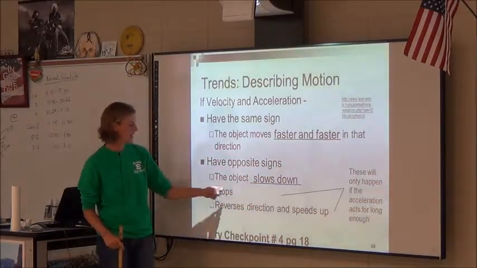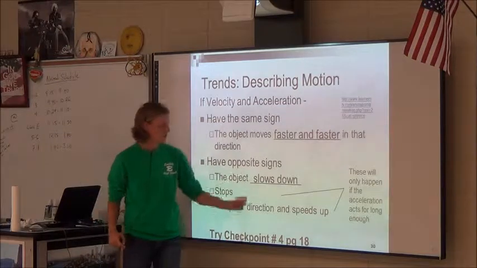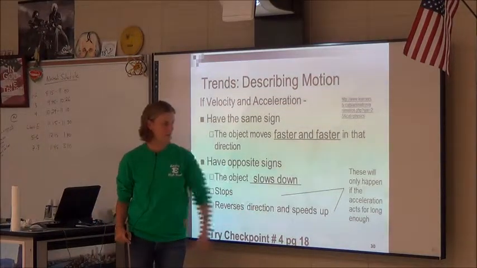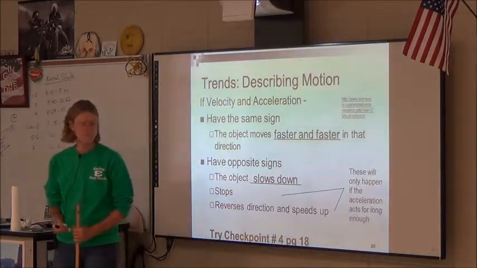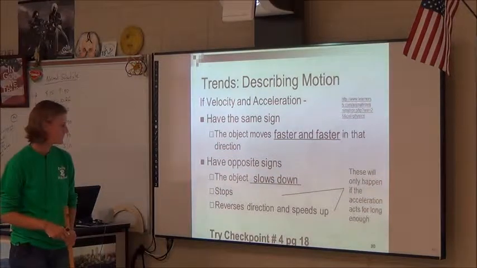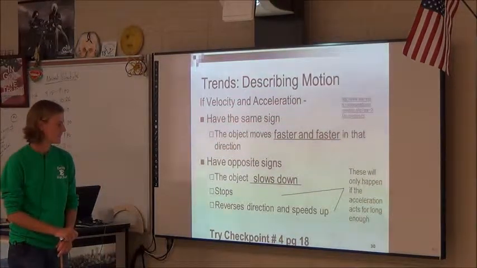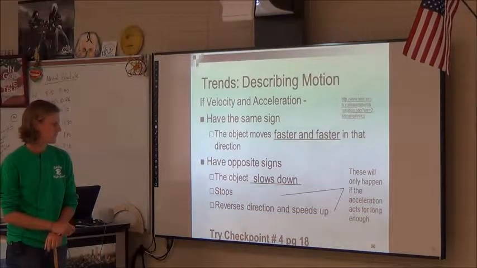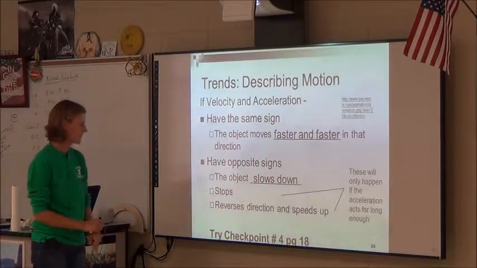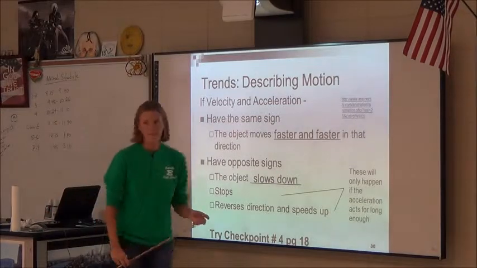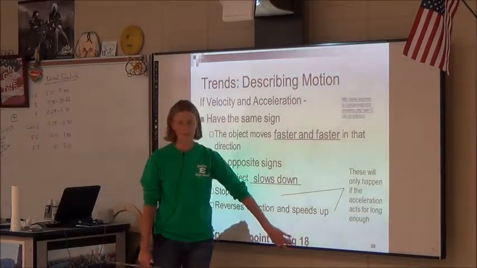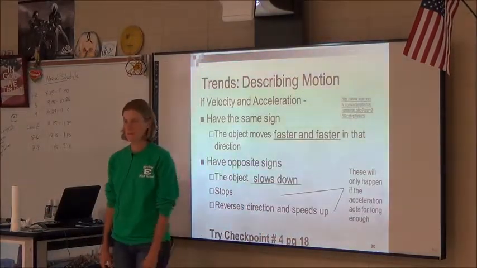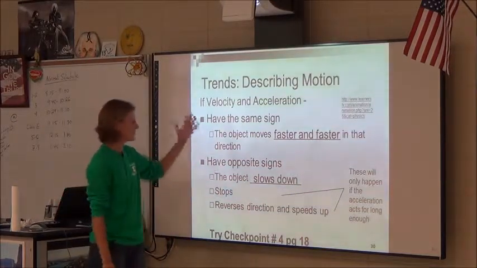Given enough time, that object will stop, reverse direction and speed up in that opposite direction. And if you remind me, we can do that one next time. It's just a matching signs problem.